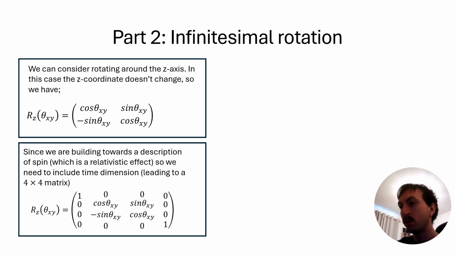For example, the cos theta xy, on the diagonal on the left-hand side of the one at the bottom, is referring to the YY component. So it's referring to partly how the y coordinate of our 4-vector will change.